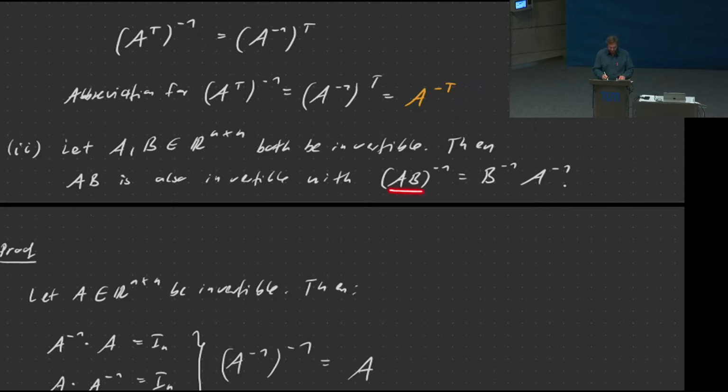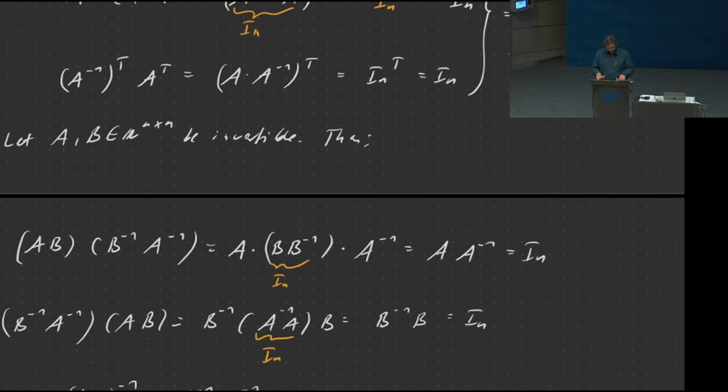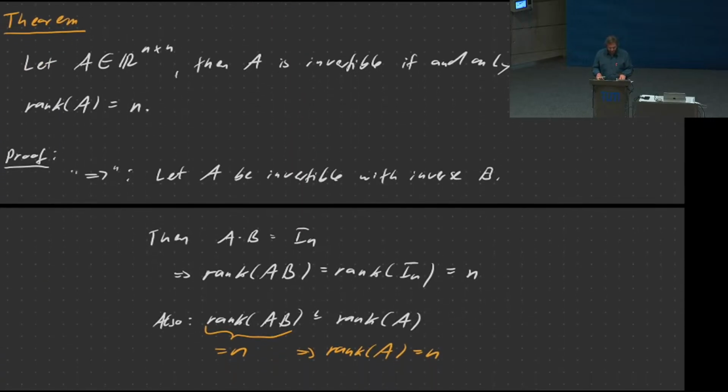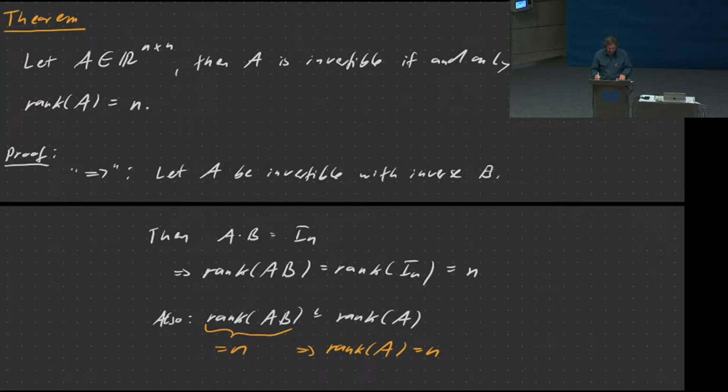So if you have AB to the minus 1, that's the same thing as B to the minus 1 times A to the minus 1. So the order is reversed if you take this inversion inside, in a way. Yeah, you remember the same rule holds for transposing matrices. All right, I'll skip over the proof here. You've seen that in the video.